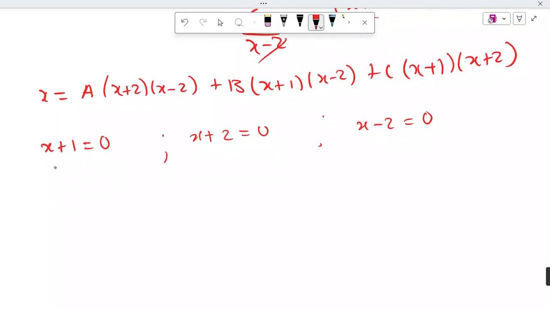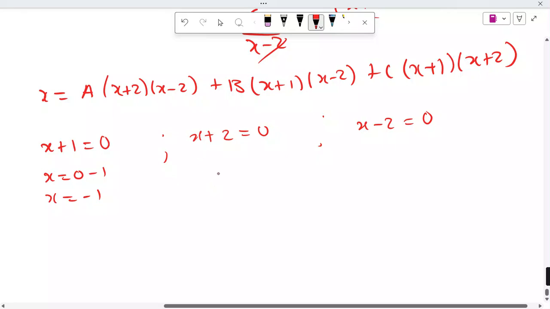Now let's solve for x. Like terms, x equals 0 minus 1, so x equals negative 1. Here we have x equals 0 minus 2, this goes to the other side to be negative, so x equals negative 2. Here we have x equals 0 plus, when negative 2 crosses over it becomes plus 2, so x equals 2.